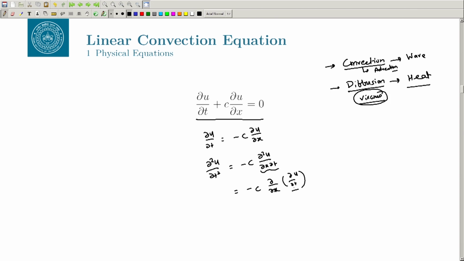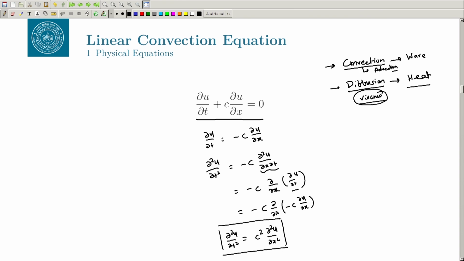And this ∂u/∂t is nothing but minus C ∂u/∂x, right. So, minus C ∂/∂x of minus C ∂u/∂x, right, which is nothing but C squared ∂²u/∂x². So, ∂²u/∂t² is equal to C squared ∂²u/∂x². Okay.